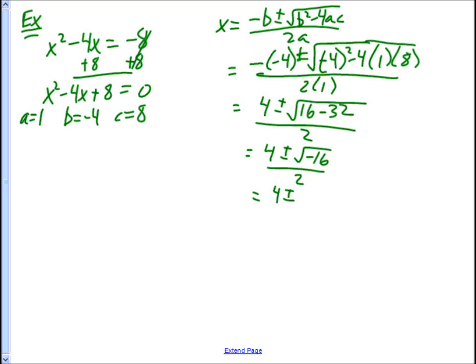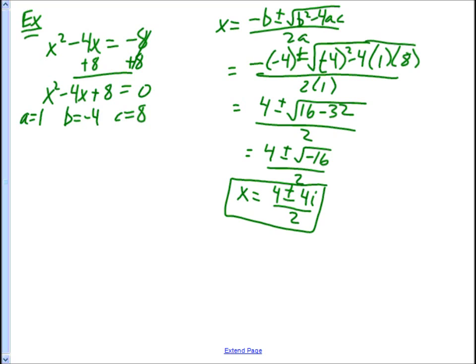Of course, right here you've got the square root of negative 16. You see that square root of negative 1 underneath there? So you got 4i, don't you? From the last discussion that we had. So you got 4 plus or minus 4i all over 2. And those are your two answers.